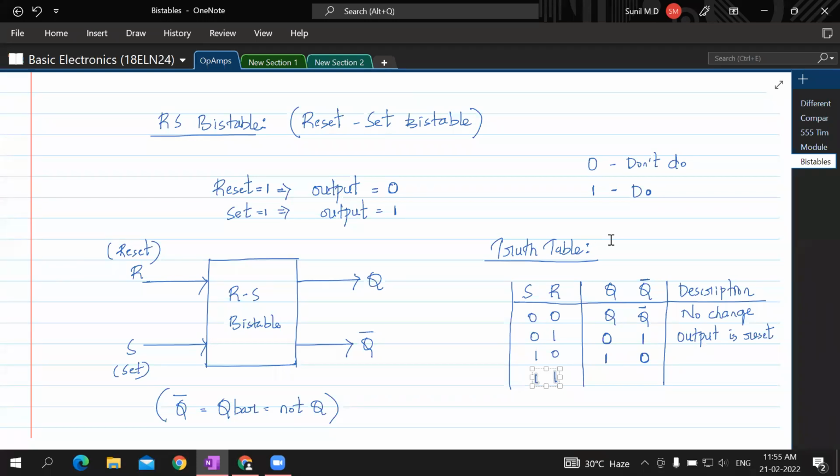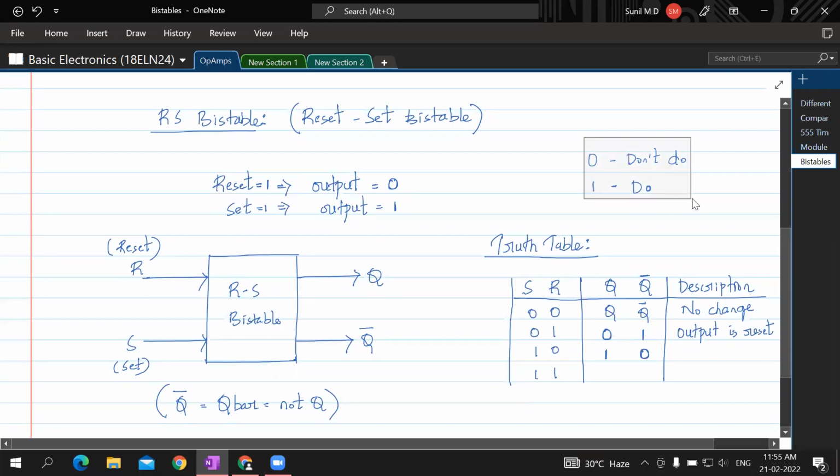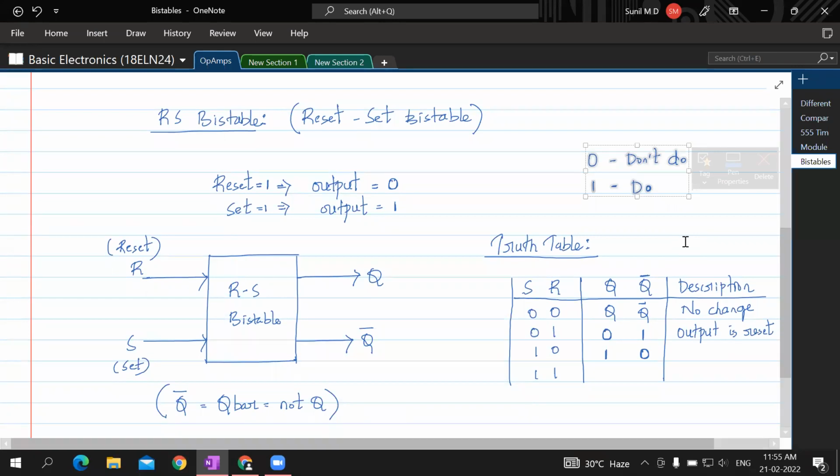No change. Don't set, don't reset is no change. But can you read this according to this? No change and it remains the same is the same. You are just telling it in different words.